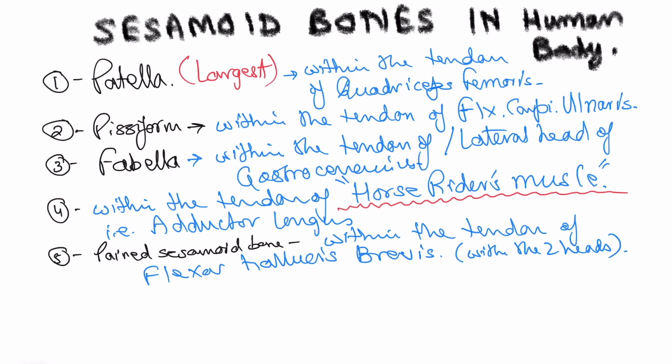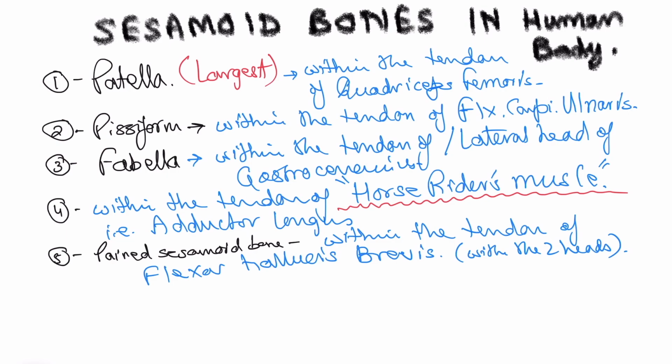So the two sesamoids are actually present within the two heads of flexor hallucis brevis, below the ball of the greater toe. And what is that ball of the greater toe? That is the head of first metatarsal. So below the head of first metatarsal, you find this paired sesamoid bone within the tendon of flexor hallucis brevis.